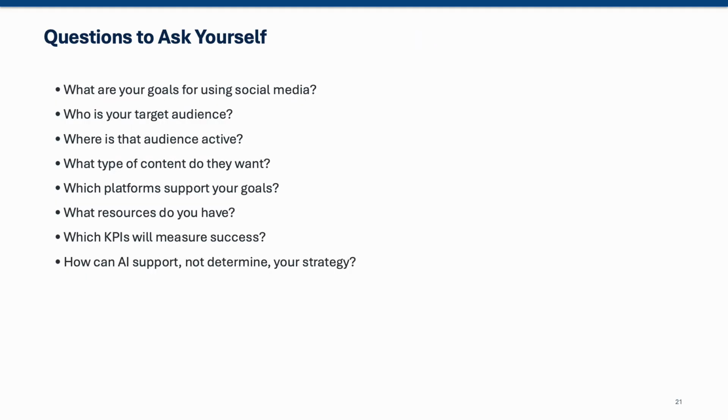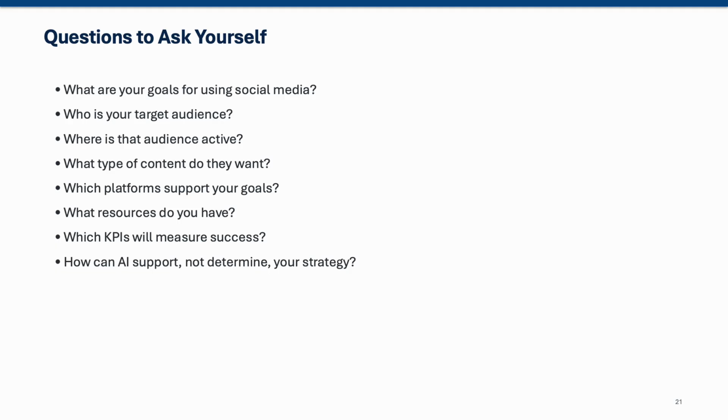As you begin developing a social media strategy, these are the questions I want you to keep asking yourself. What are your goals? Who is your target audience? Where is that audience active? What type of content do they want? Which platforms support your goals?